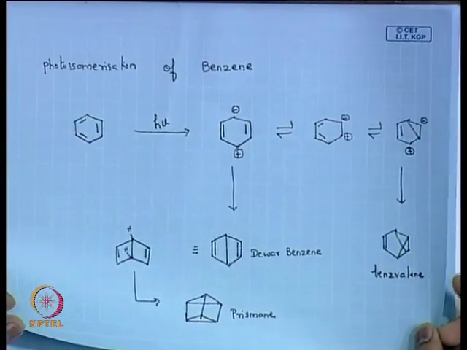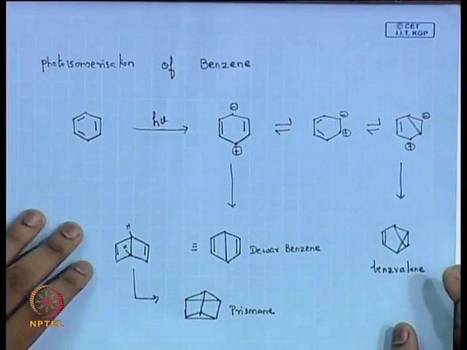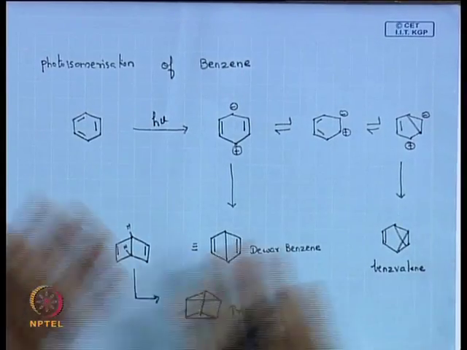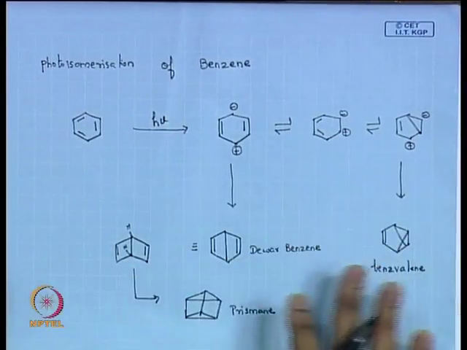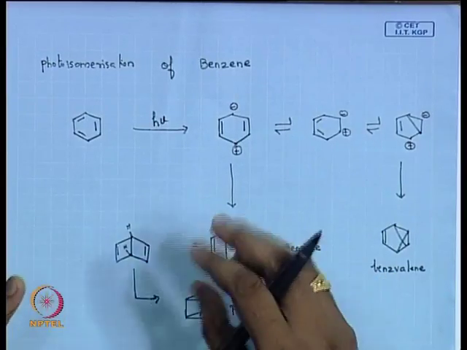Okay. Now we will see some cycloaddition reactions of benzene with the same chemistry. See, if benzene is alone, it does this chemistry, but if you put some alkene or diene or anything with benzene, it can do cycloaddition reactions also.